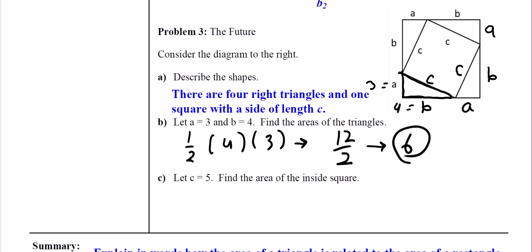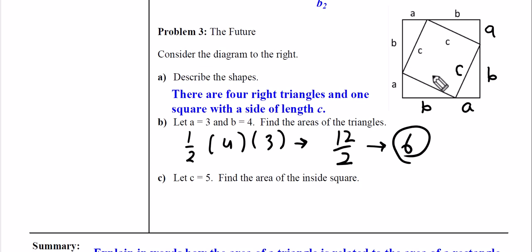So each triangle has an area of 6. That's the area, right? Remember, the area is me coloring the inside of this shape. It's the interior space of this shape that is bounded by the sides of the shape.